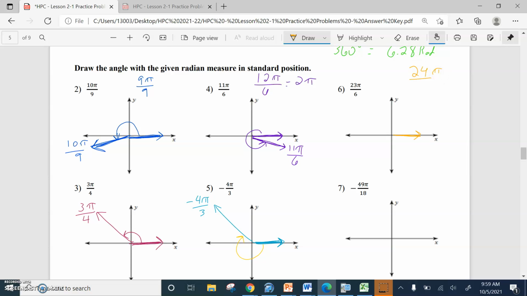What would 24 pi over 6 look like? That's really close to 4 pi. 4 pi would be going around the circle once and around the circle again, but we don't quite get all the way that far. What we do get, though, is just 1 pi over 6 short of that. So we are going to draw out a pi over 6 angle like that.